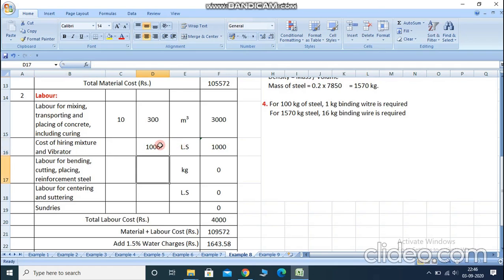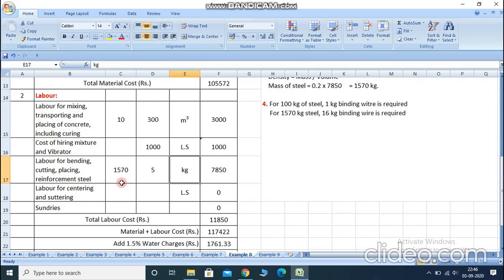Then labor for bending, cutting and placing the reinforcement. The total quantity of reinforcement is 1570 kg at 5 rupees per kg, so 7,850 rupees.